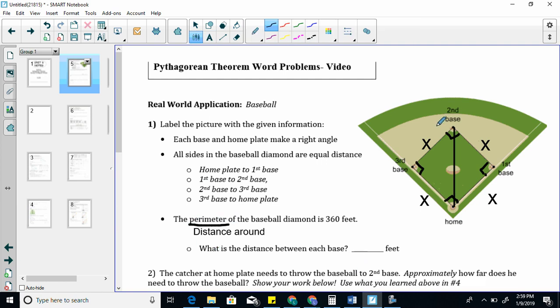That means from home to first, plus from first base to second base, plus from second base to third base, from third base to home is all 360 feet total. Or AKA, if you were to run around the entire field, it's 360 feet.